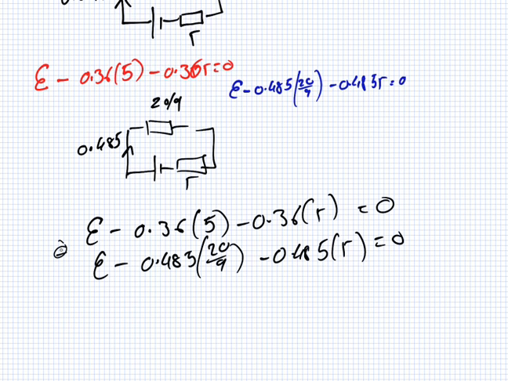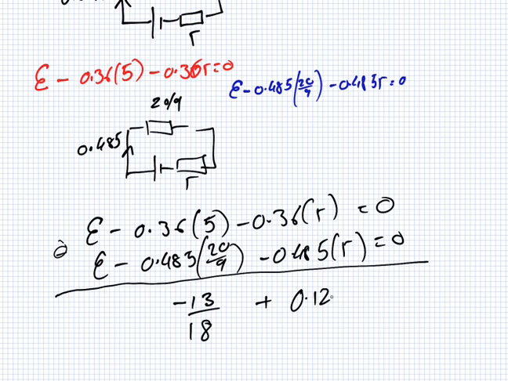So I subtract them. So here I get minus 13 over 18, and then here I get plus 0.125r equals 0.